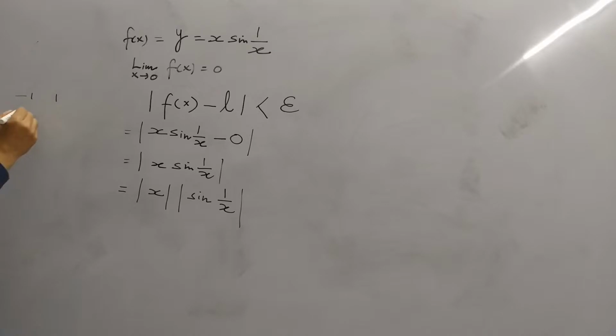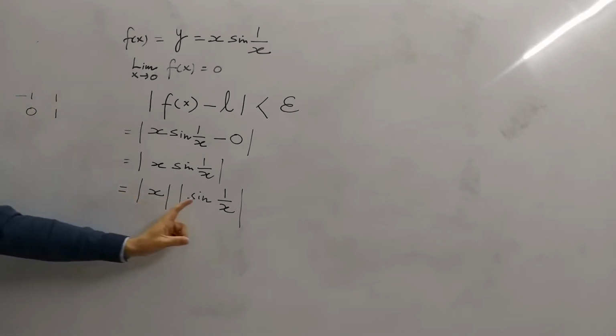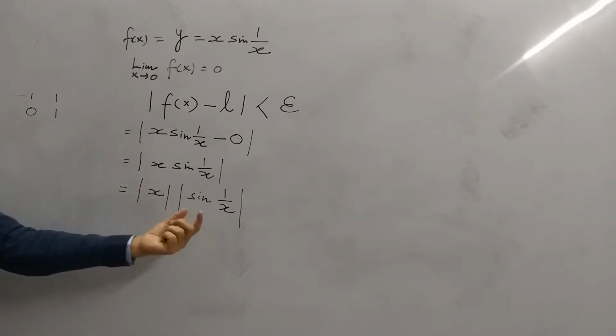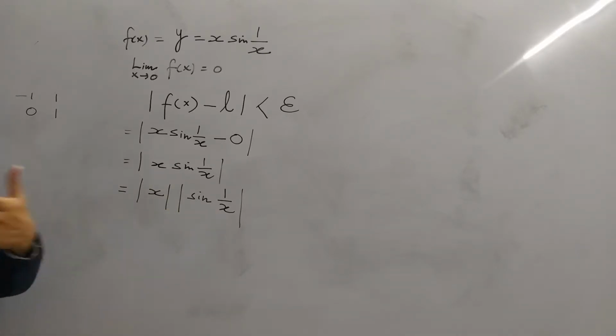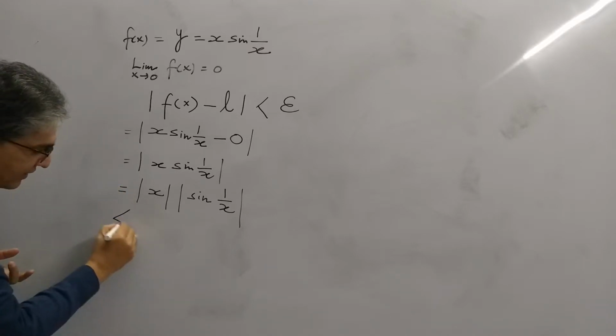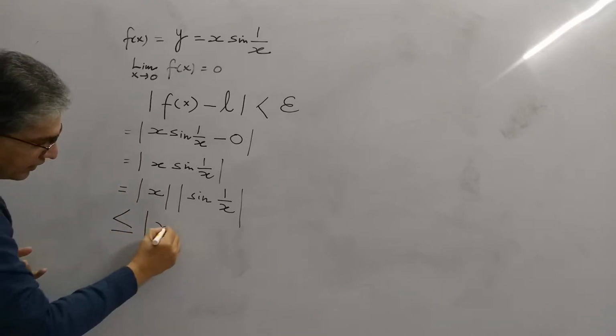The modulus moves from 0 to 1. So this is either positive and this is a fraction and this is at the most 1. So this part is 1 or less than 1. So this is multiplied with something which is at the most 1 or less than 1. So this should be less than or equal to this.